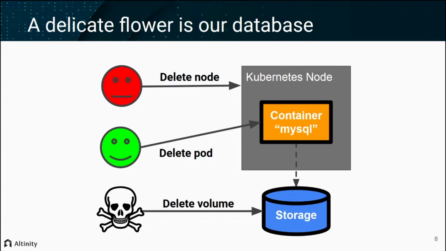Unfortunately, this database is kind of a delicate flower, particularly when we're thinking about data loss. There's a number of bad things that could possibly happen. You could delete the pod. That's usually not a big deal when you install from Helm. But if you delete the node, you might lose the storage, because you don't know for sure unless you check, but the storage could be allocated locally.